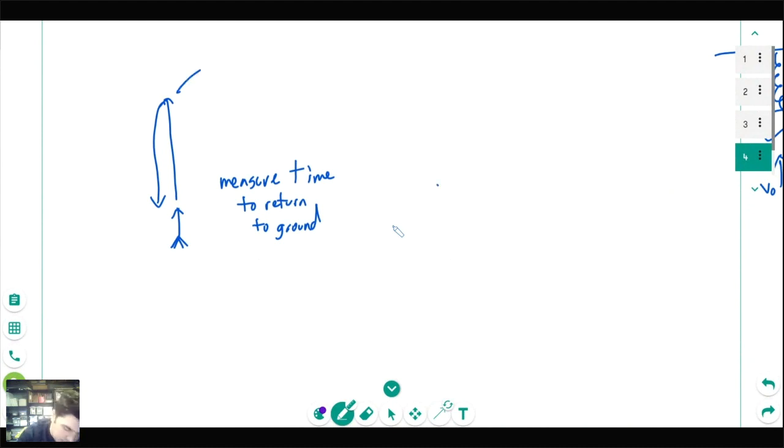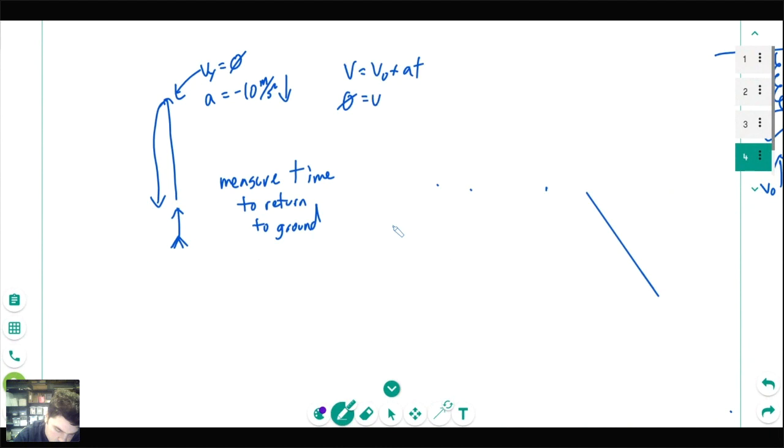Okay. At the top, we know our vertical velocity is 0. This is in free fall, so we're going to say our acceleration is negative 10 meters per second squared going down. We could do something like v equals v naught plus at. So 0 equals v naught minus 10t. We use half of the time there.